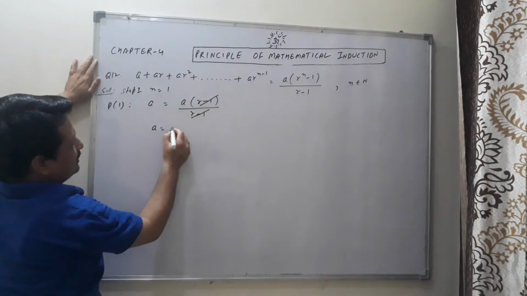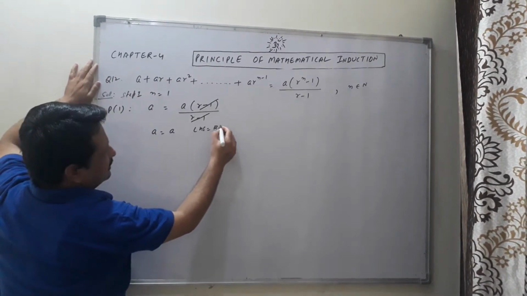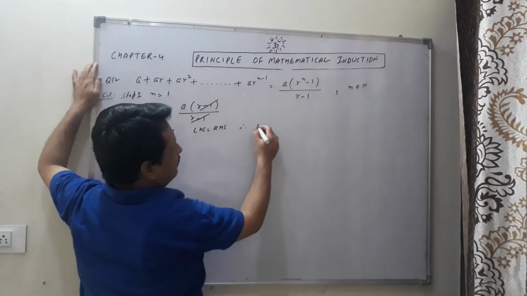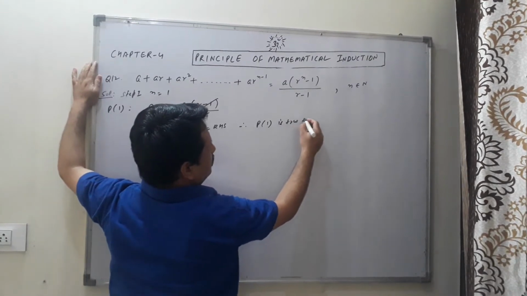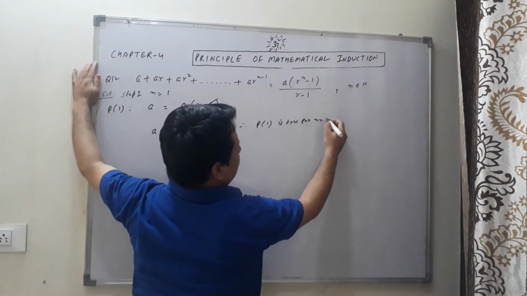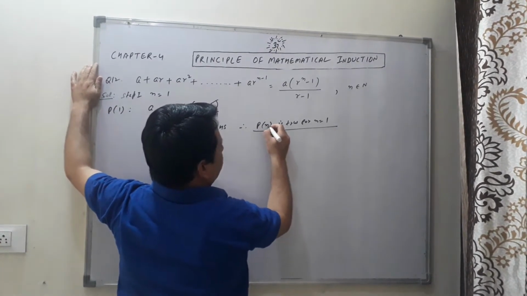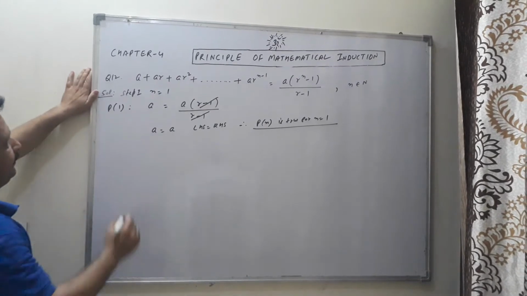So it will come as A equal to A, meaning left hand side equals right hand side. Therefore we can say that P of 1 is true for n equal to 1. Here we will write P of n is true for n equal to 1. This is your step number 1.